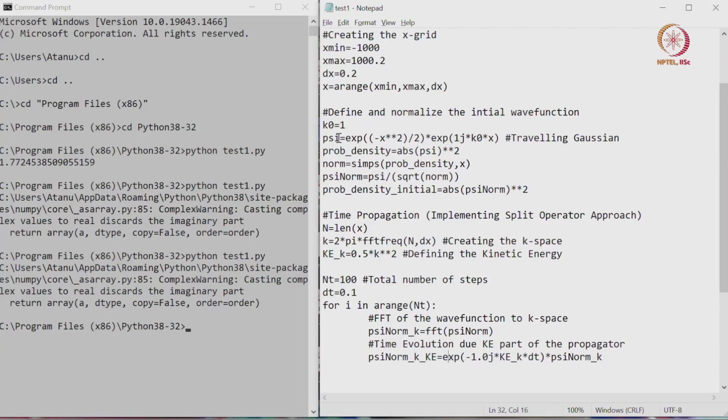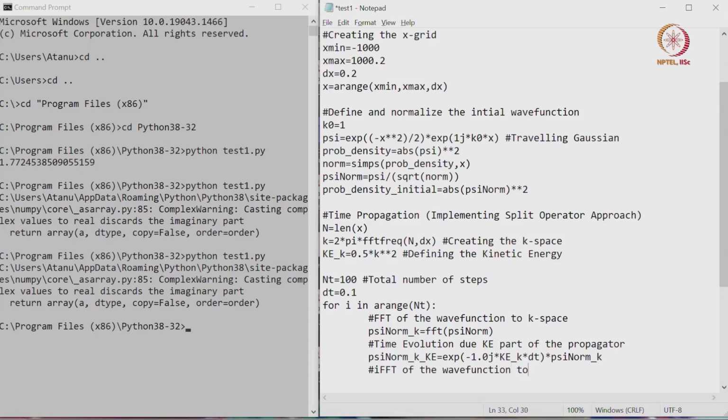So this entire thing is an array. This array is multiplied element-wise by the other array, giving another array. So this is the way we have performed the time propagation by delta t, and then what we need to do is the IFFT, the inverse Fourier transform of the wave function to real space.